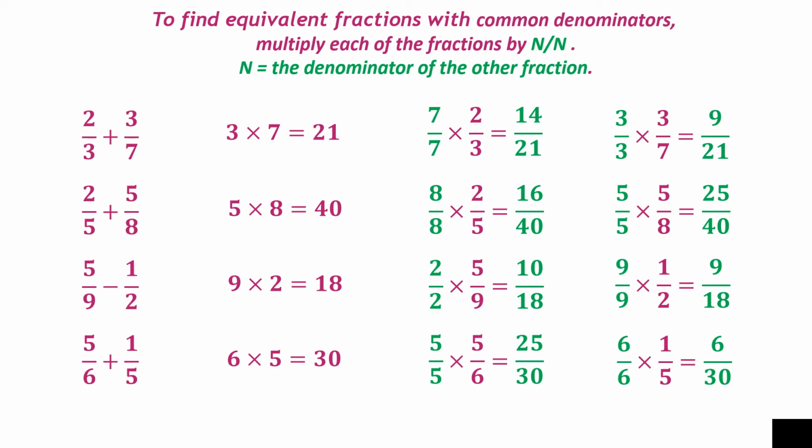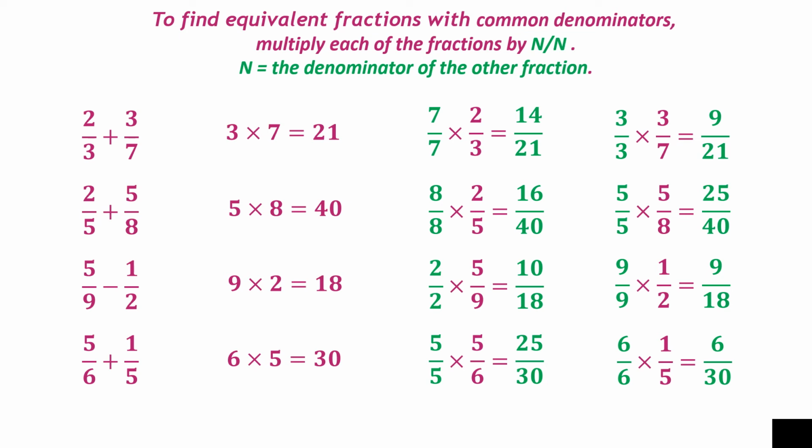To do this, we can multiply the fractions by n over n, where n is the denominator of the other fraction. Let's add 2/3 and 3/7. When we multiply 3 and 7, we see that a possible common denominator is 21. It has both 3 and 7 as factors.